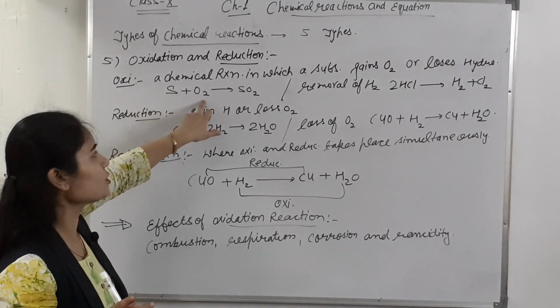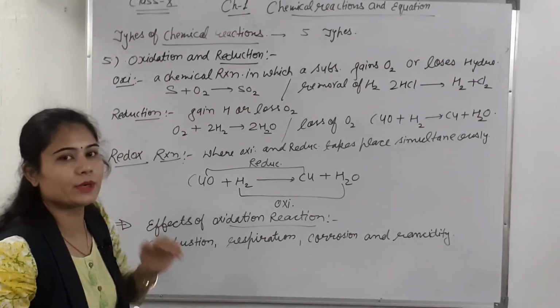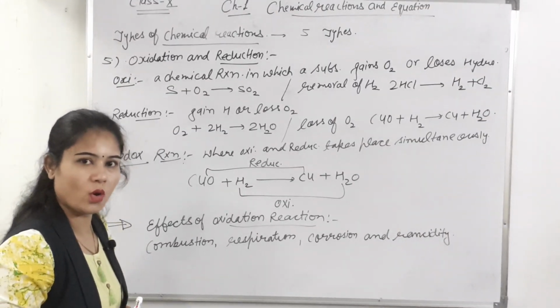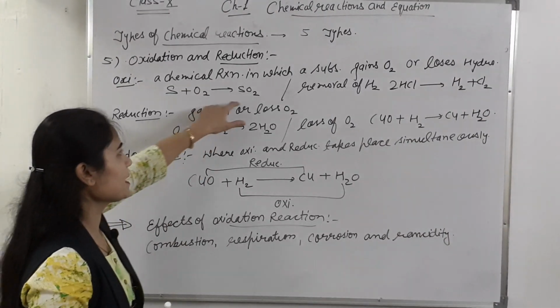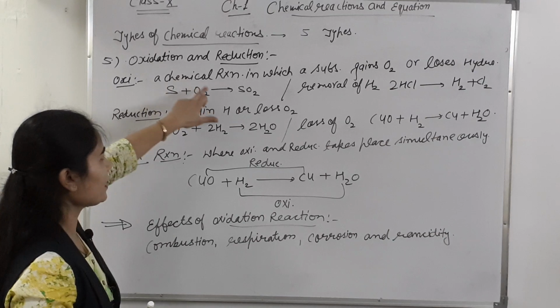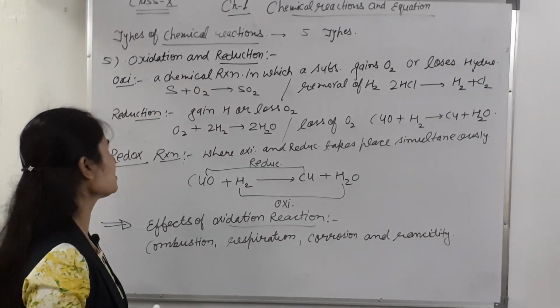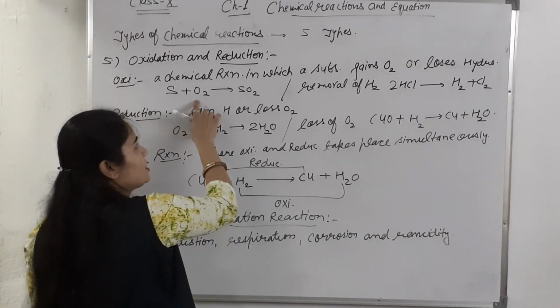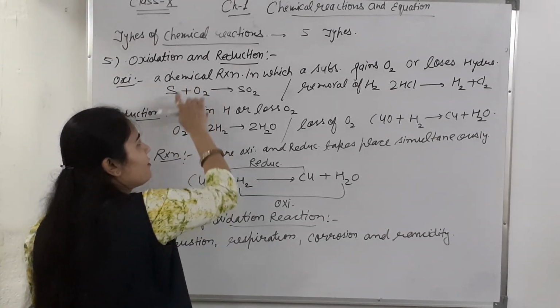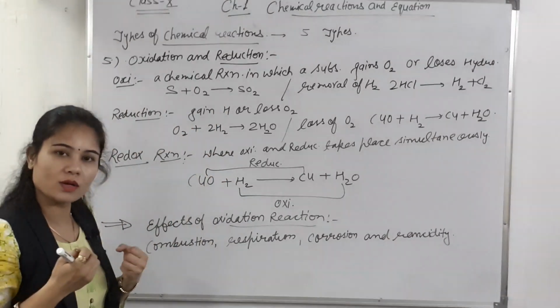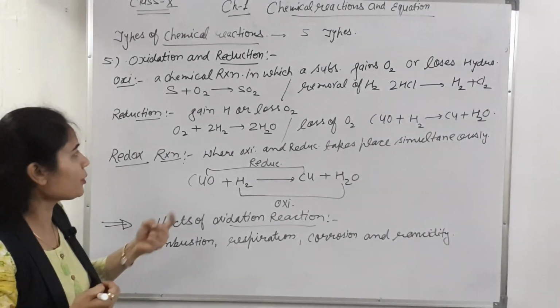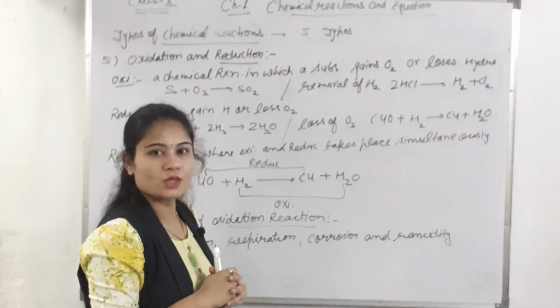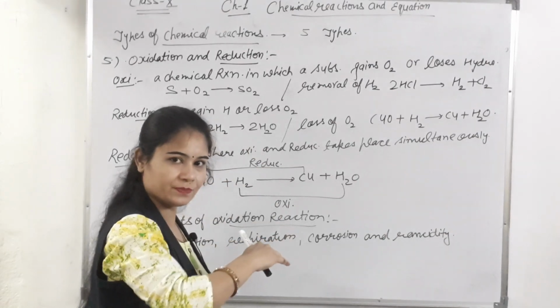Sulfur reacts with oxygen and gives the final product SO2, sulfur dioxide. Both are in gaseous form. This is an oxidation reaction, because sulfur has the tendency to gain oxygen and give the final product SO2. So this is the form of oxidation.